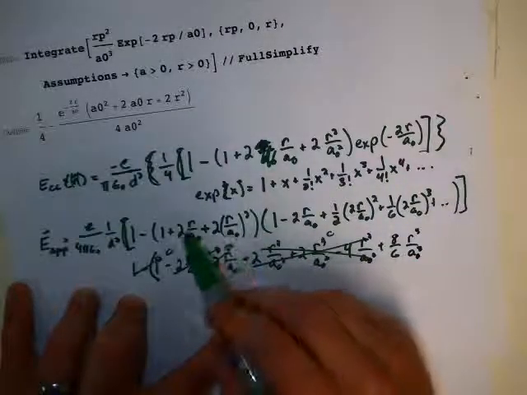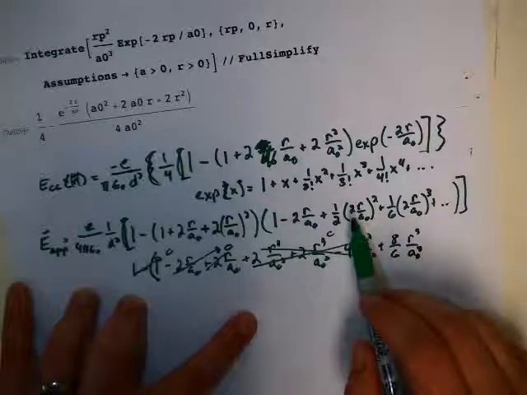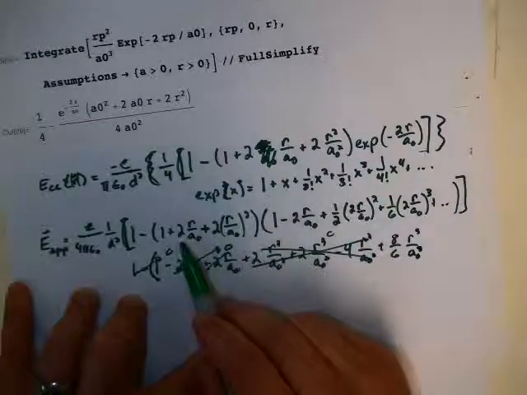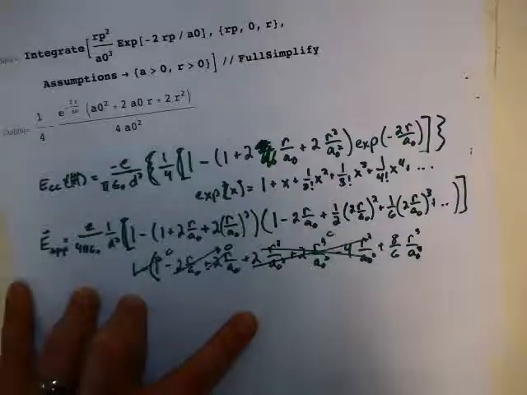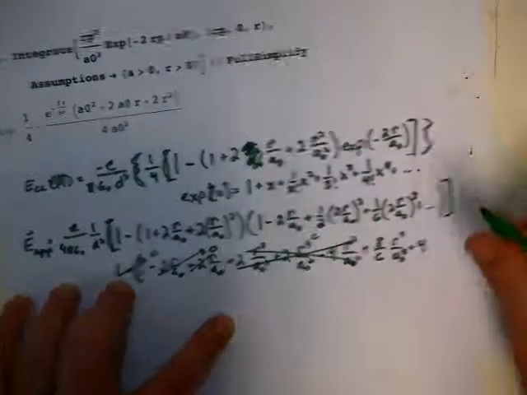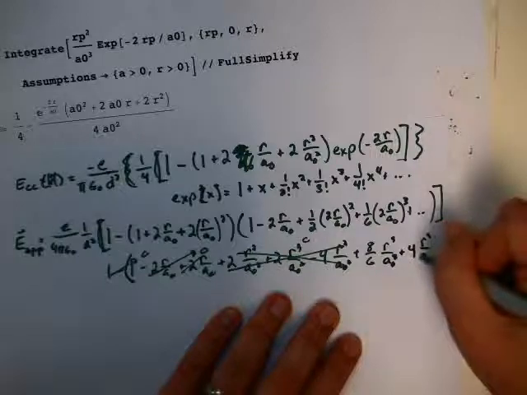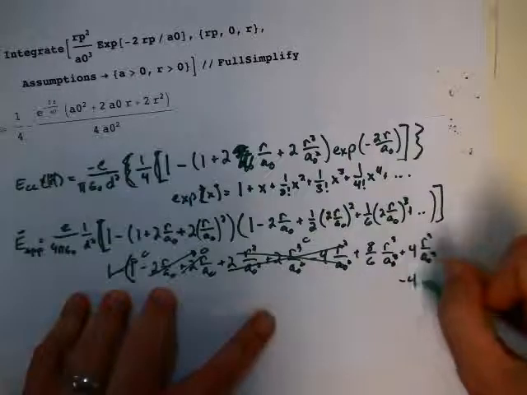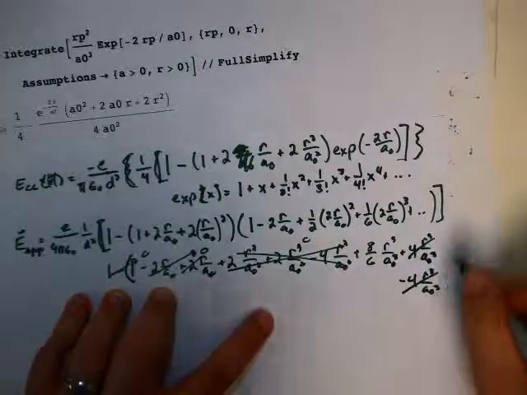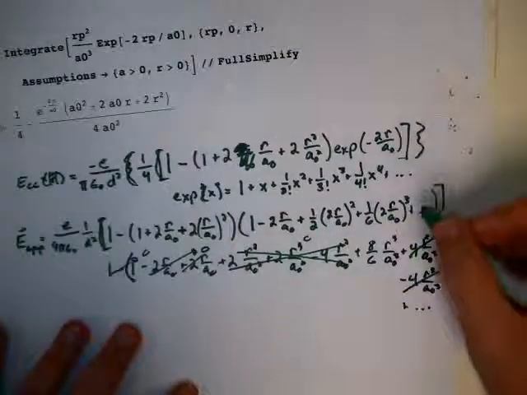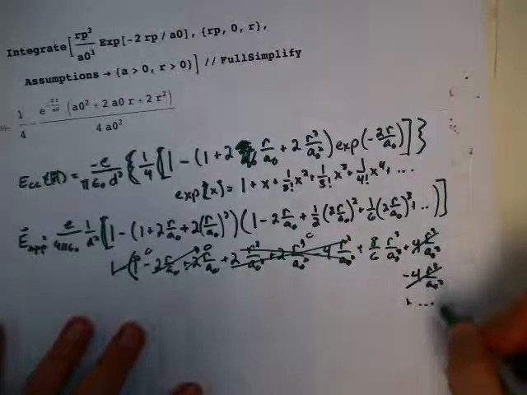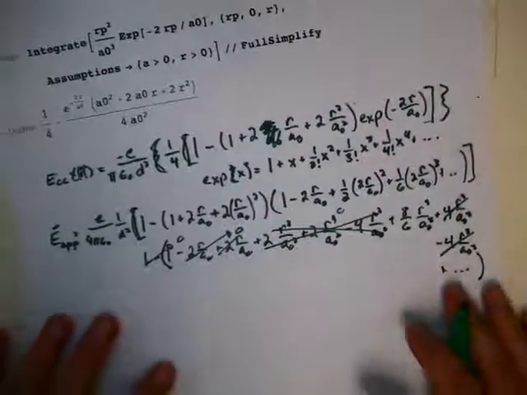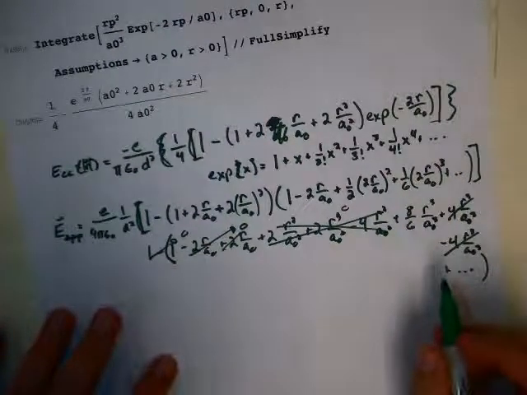This one, I'm going to have this 1 times that one, so that's a plus 2 times a plus 2, so that's a 4, plus 4 r cubed over a naught cubed. And then I'm going to have this one times this one, which is a minus 4 r cubed over a naught cubed. So those two go away, but that one doesn't cancel. Everything else is going to be higher, it's going to be r to the 4th over a naught to the 4th, and I don't need to worry about that.